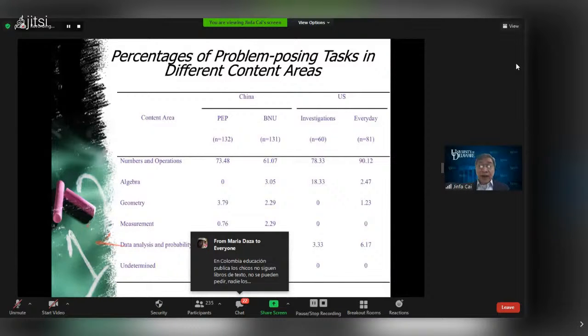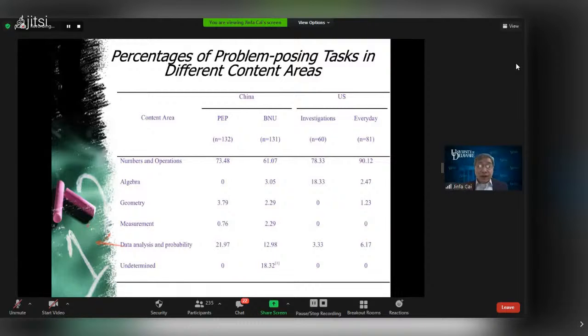My point is that other areas like algebra, geometry, measurement, data analysis, and probability perhaps could have a little bit more problem posing activities. At least it's not evenly distributed, even though the numbers and operations strand occupies the largest amount of time and topics in each set of textbooks.